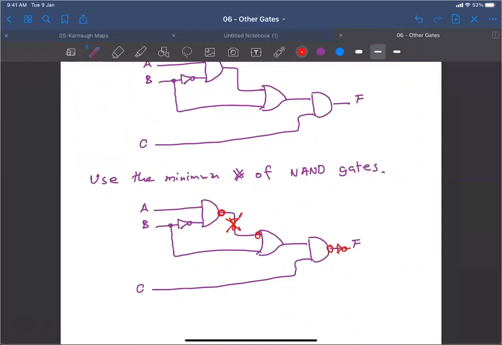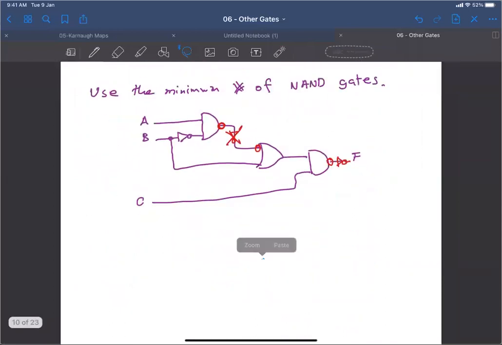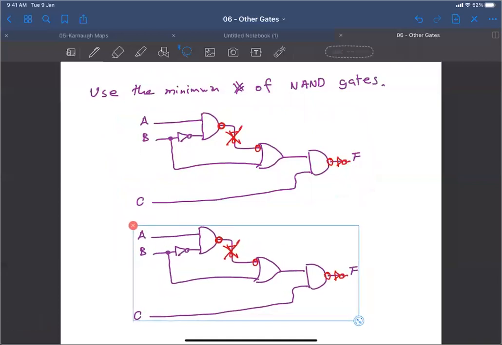For this one, this is part of a fan-out branch, so I'm going to copy the circuit here and draw the two options. Option number one is to put a bubble here and then an inverter here.